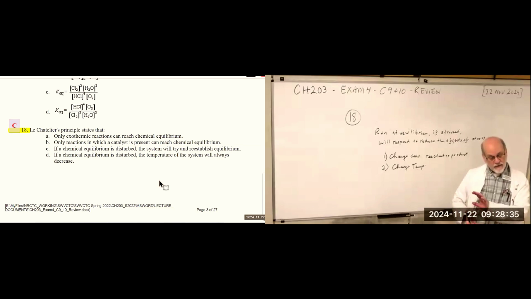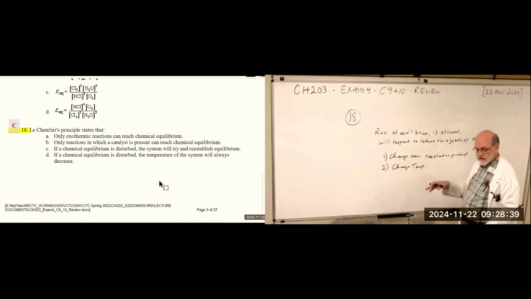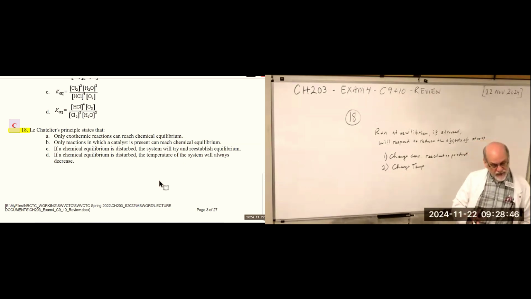Well, there's a rule of thumb and then there's the actual chemistry. The actual chemistry, change temperature means you change the K value itself. And it depends on whether the reaction is endothermic or exothermic. So the rule of thumb is if you write the reaction and it's exothermic, then the heat term goes on the right because it's releasing.